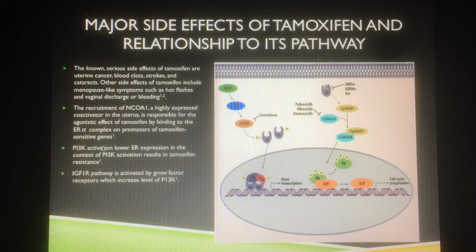Another action of the cell is that whenever they produce a lot of growth factors, which activate a pathway like this one, the IGF1R, they produce a lot of PI3K kinases, and these PI3K kinases promote a cascade of phosphorylation, as we see right here: phosphorylated AKT and then mTOR.